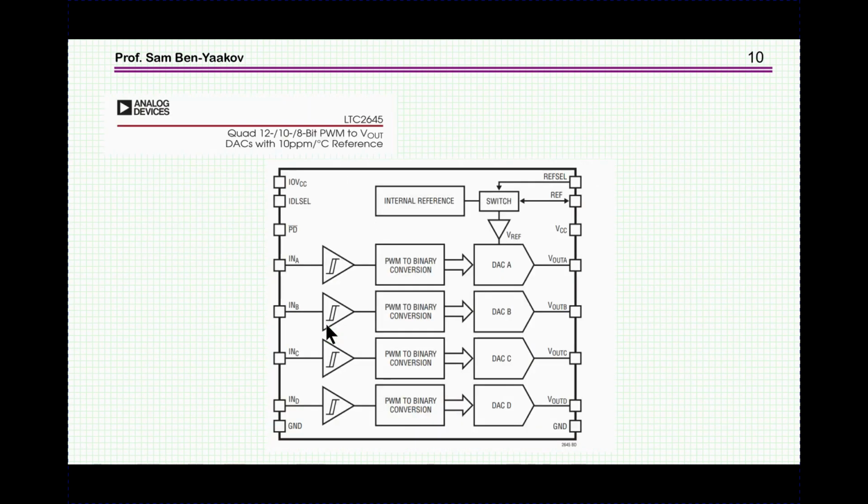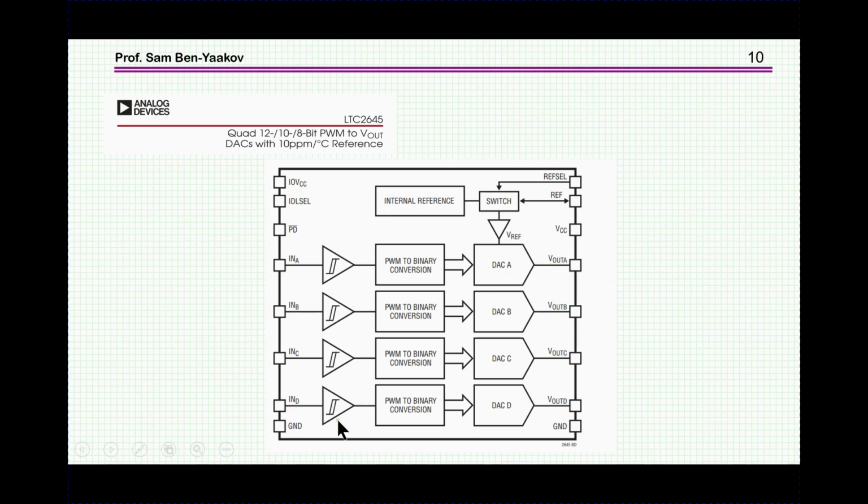Well, there are solutions. There is, in fact, an IC made by Analog Devices, the LTC2645, and it is a 4-channel unit, and it includes, first of all, a sort of a counter here, which is measuring the length of the pulse as compared to the period of the PWM, generating a binary number and putting it into a DAC and getting an analog signal.